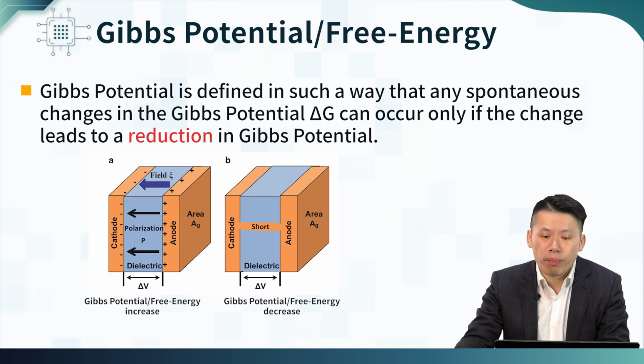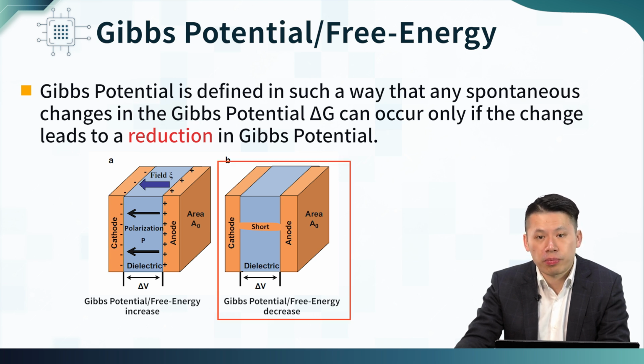So overall, by considering the thermodynamic mechanism, the system prefers to move from the high Gibbs potential state to the low Gibbs potential state, which is the one where degradation occurs.